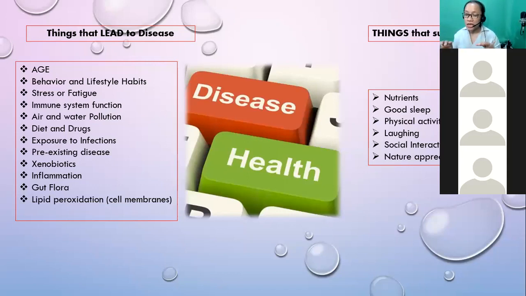If that gene is a gene for a particular disease, you can actually control it by eating food that will suppress that gene from expressing. Instead, the other good gene is expressed. So, that is what we call epigenetics.